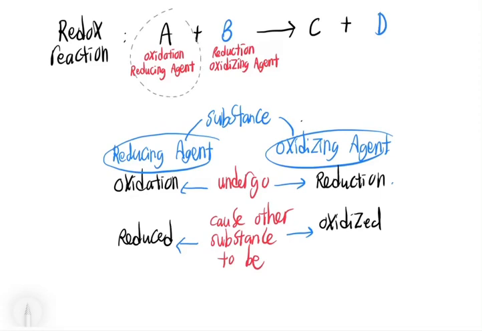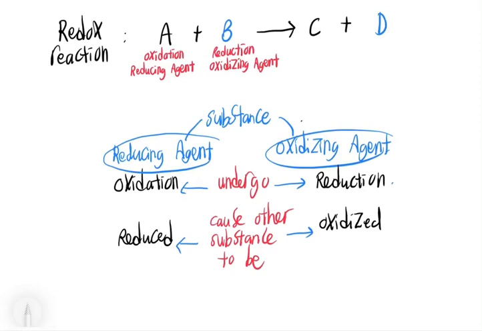If A undergoes oxidation, it will cause B to undergo reduction. Because A causes B to undergo reduction, we call A the reducing agent. And if B undergoes reduction, and at the same time B causes A to undergo oxidation, substance B is called the oxidizing agent.